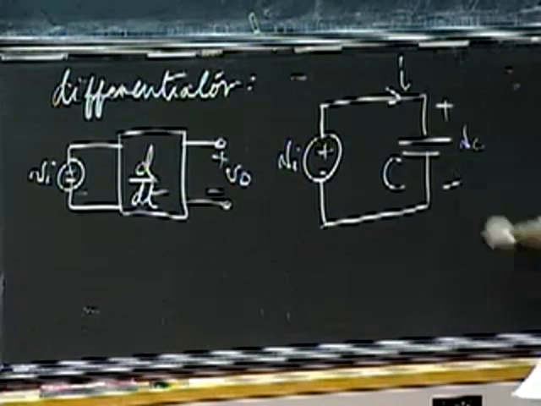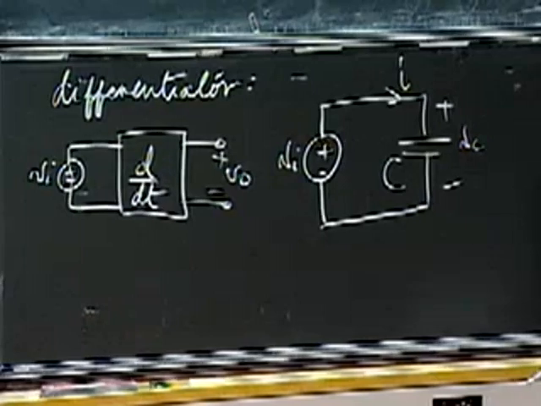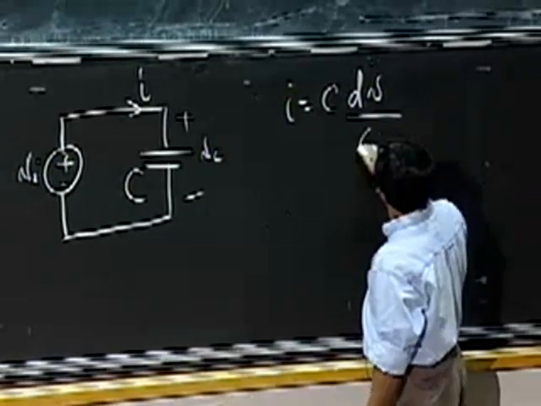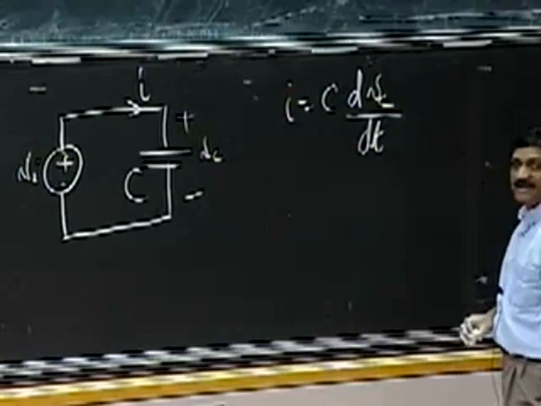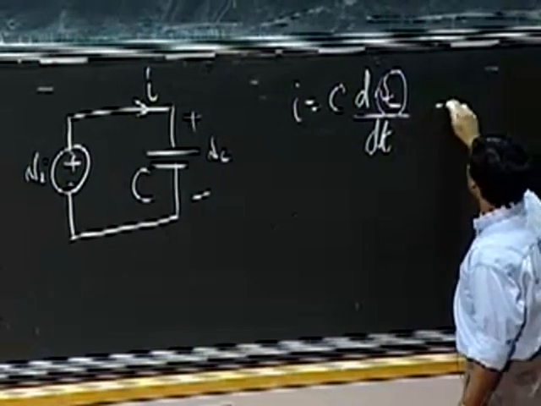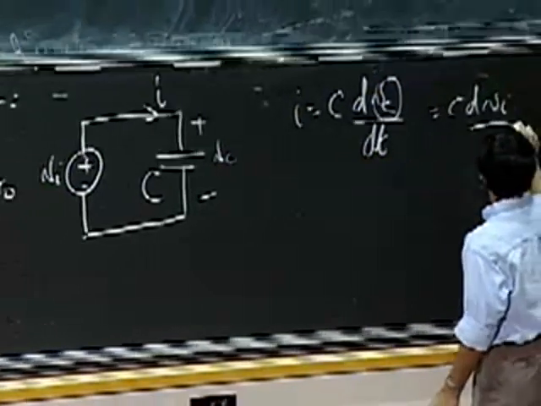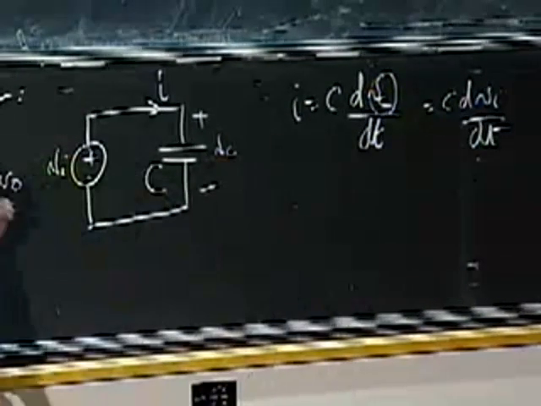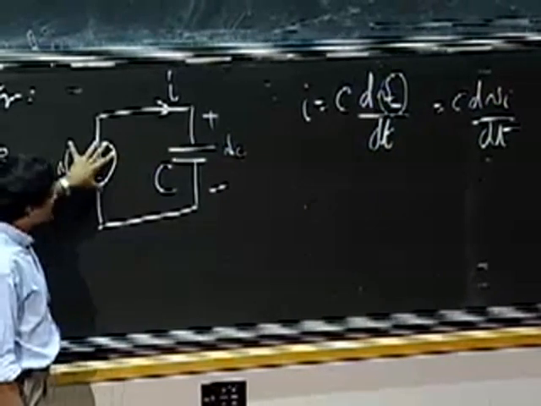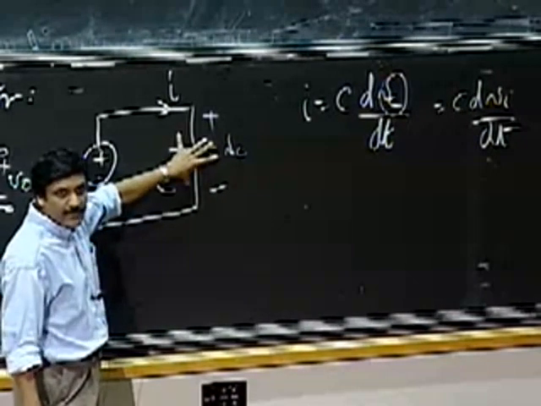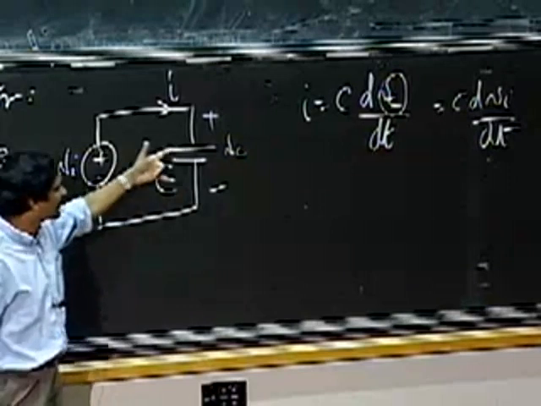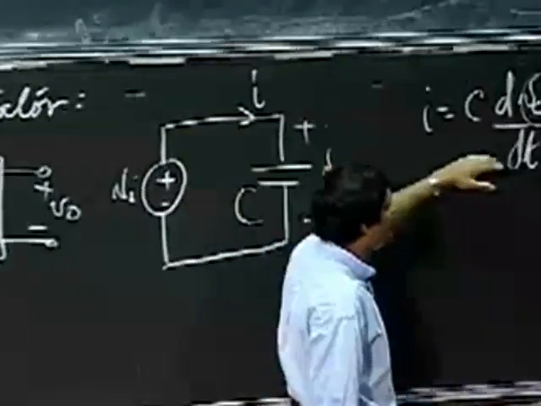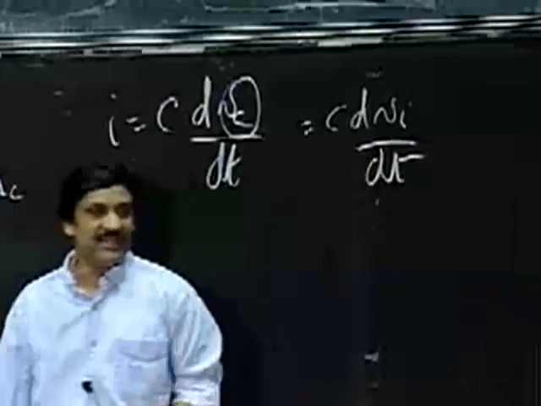What does I relate to? I is simply C dVC dt, and VC in this case is simply VI, so I is C dVi dt. So if I stick a voltage across a capacitor, like if my input voltage is stuck across a capacitor, then the resulting current relates to dVi by dt.